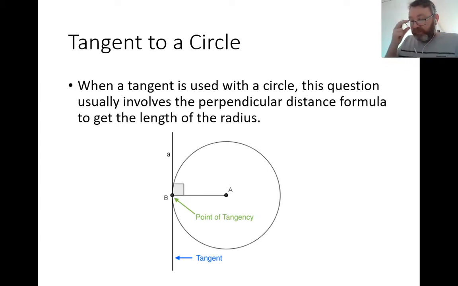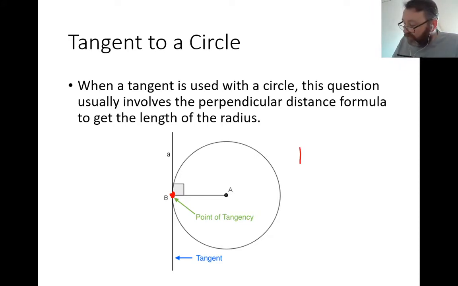And I've spoken about this already. What is the relationship between a tangent and a radius? And again, I'm just going to point out to you that a tangent is a line that touches the circumference at one point only. And at that point of contact, there exists a perpendicular radius.